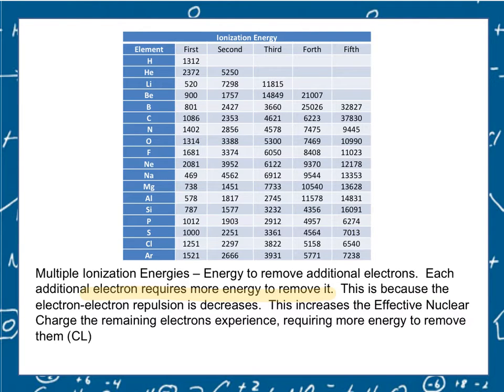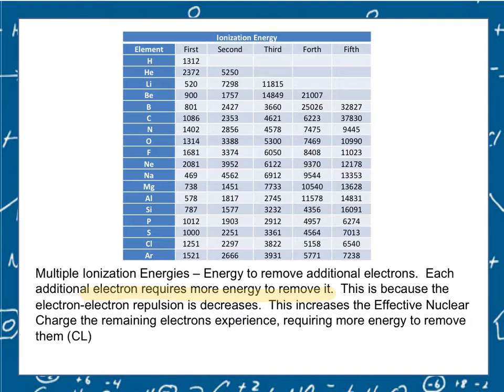This is because as we're removing them, kind of like what we talked about with the cations, you're decreasing the amount of electron-electron repulsion. This increases your effective nuclear charge, requiring more energy to remove the subsequent electron.